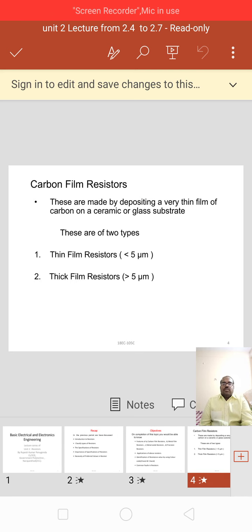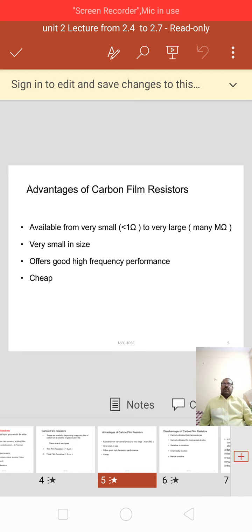The first resistor we have learned is carbon film resistors. They are of two types, thin film as well as thick film. Next, advantages: they are very small in size, they offer good high frequency performance, and they are very cheap in the market.